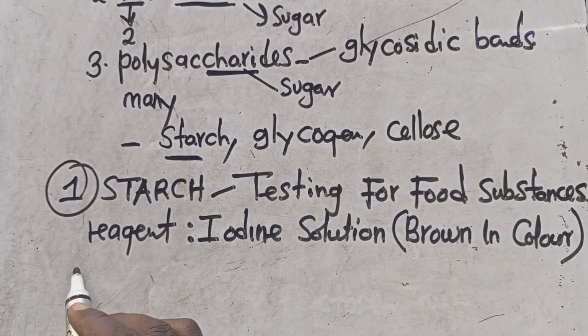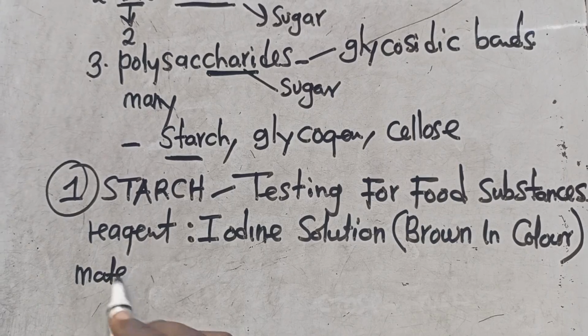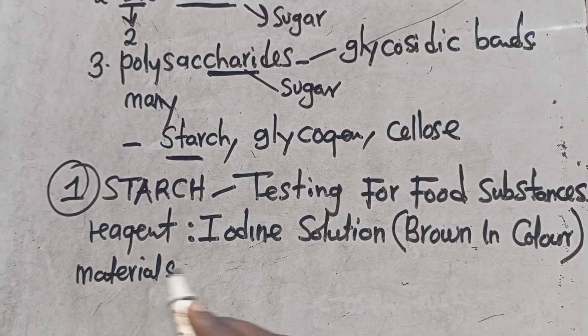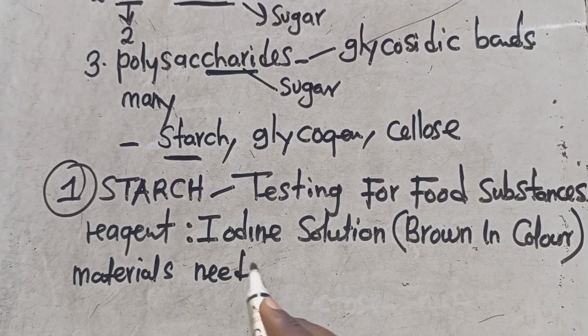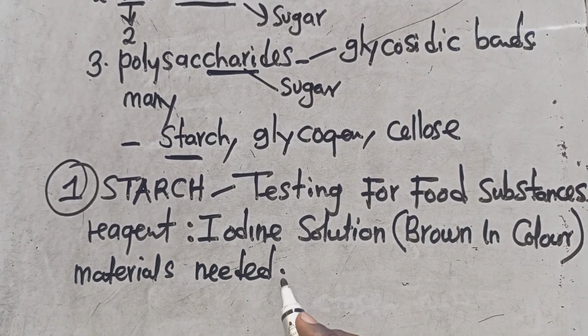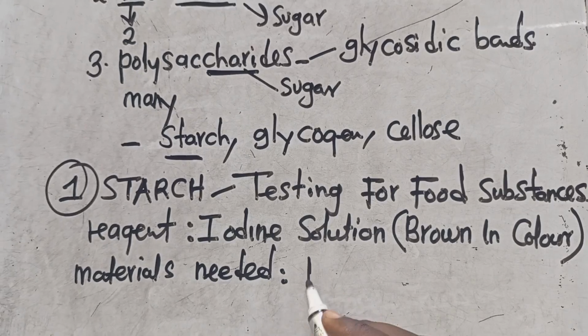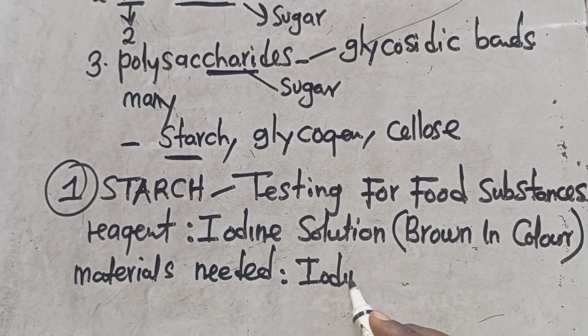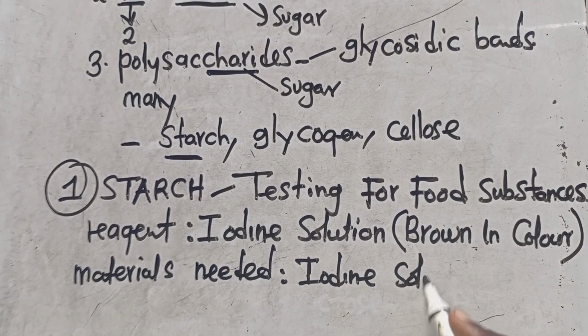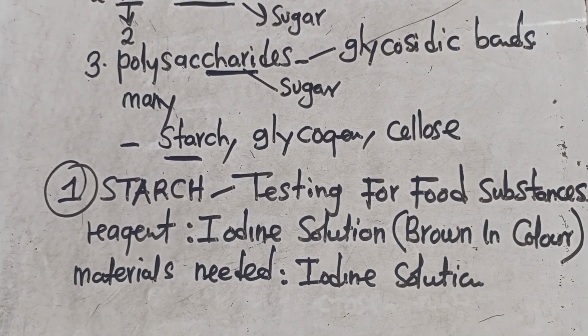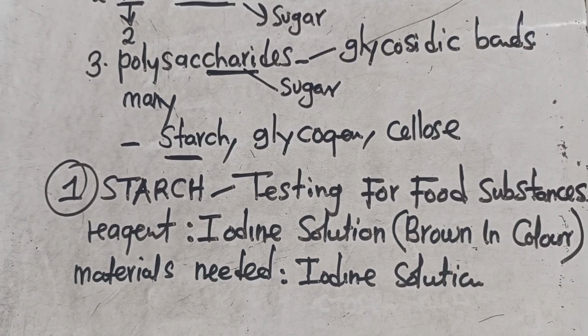So we look at the materials needed. You need to have the iodine solution. I just want you to have a picture. This is a theory part, so we won't go that detailed.